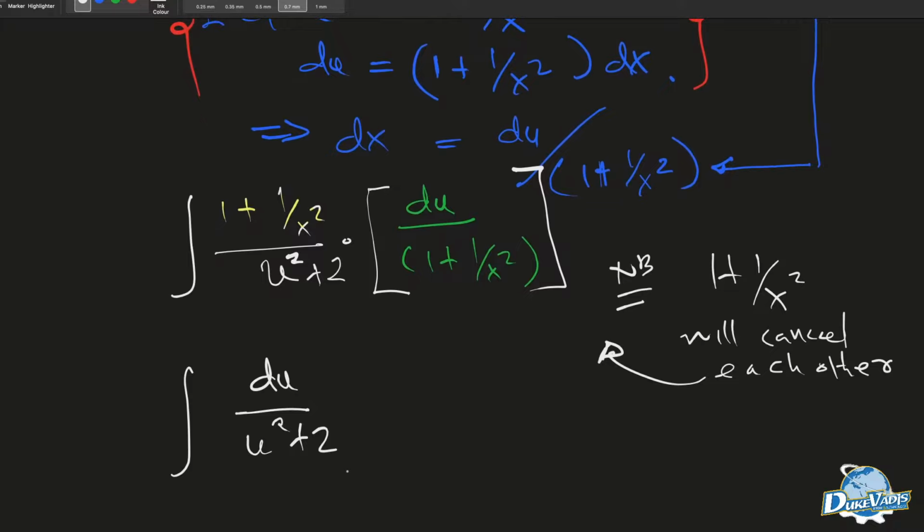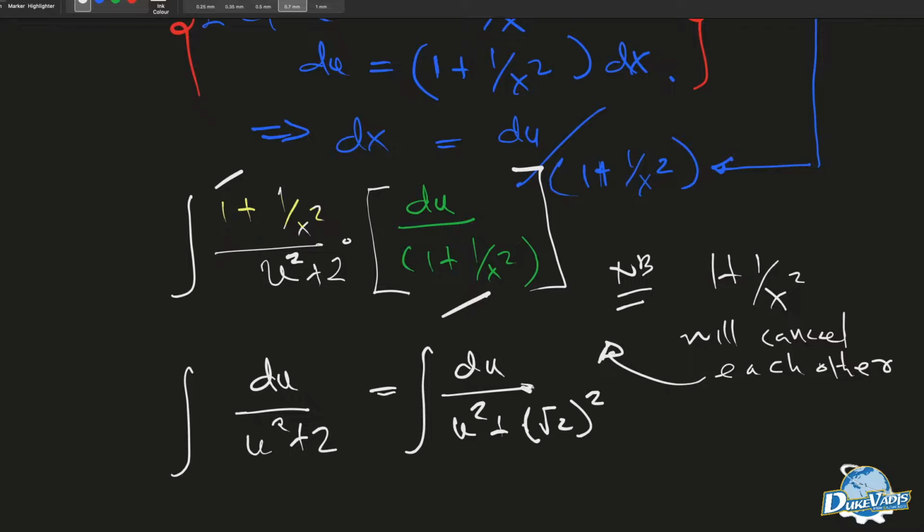The simplified form. So our integration becomes that. So how do we integrate the u over u squared plus 2? Well, this is a bit daunting. After cancelling this and that, it's supposed to be easy for us. Well, this can also be written as du all over u squared plus square root of 2 all squared.